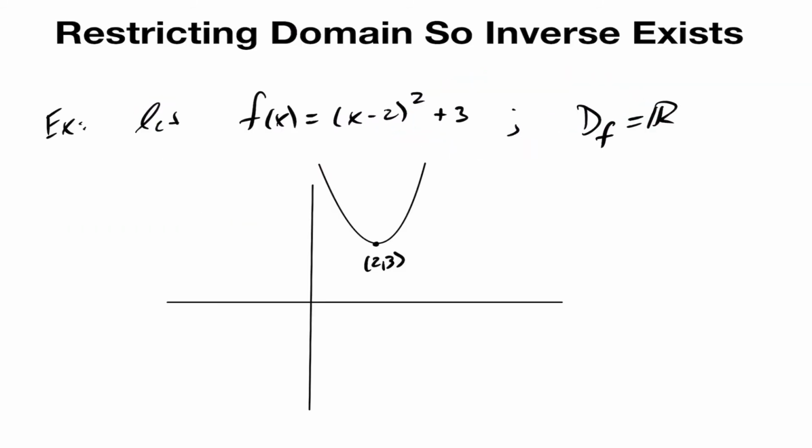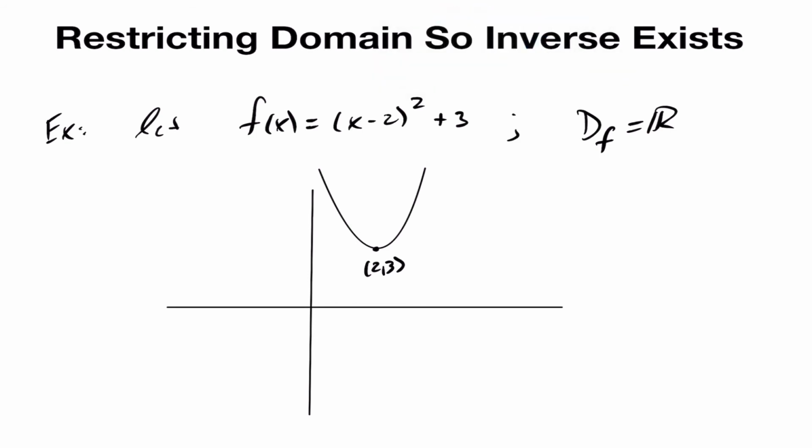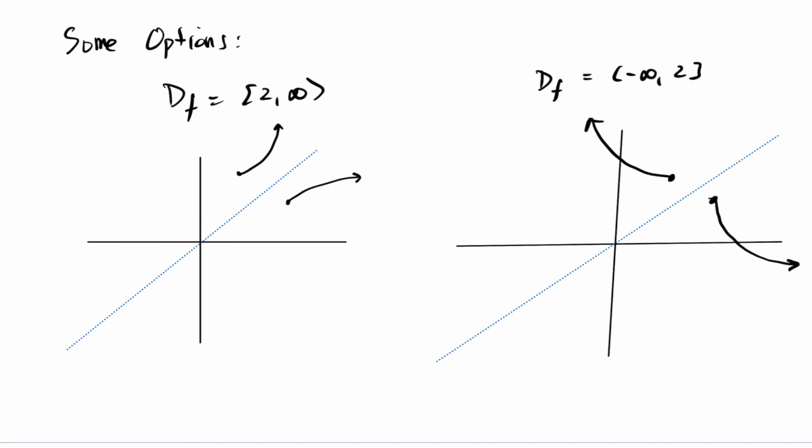For the following example here, they give us another quadratic. Notice this one is not centered on the origin, but same idea, we can calculate the inverse of the following function. But again, notice that this function fails the horizontal line test. So right away we know that we're going to have to restrict the domain. Some options for restricting the domain are you could restrict the domain from 2 to infinity.